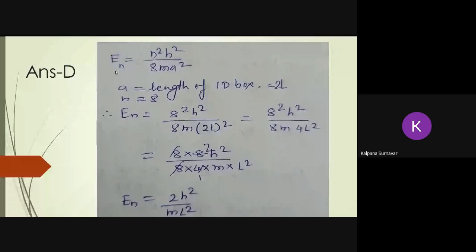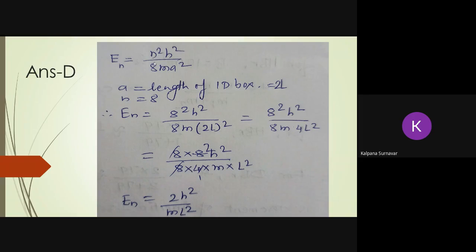The Schrödinger equation useful for the one-dimensional box is E is equal to n square h square divided by 8 m a square. Here, a is the length of the box, so instead of a, we can put 2L in this equation. m is mass and n is equal to 8.